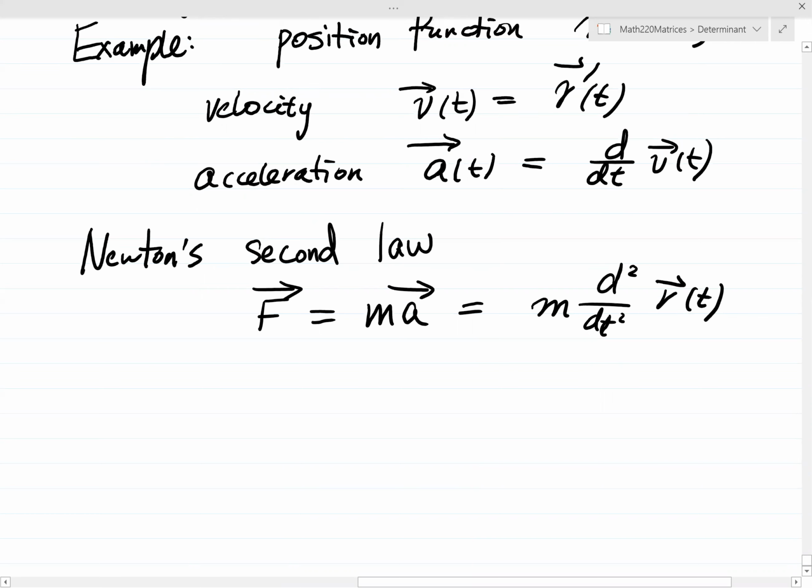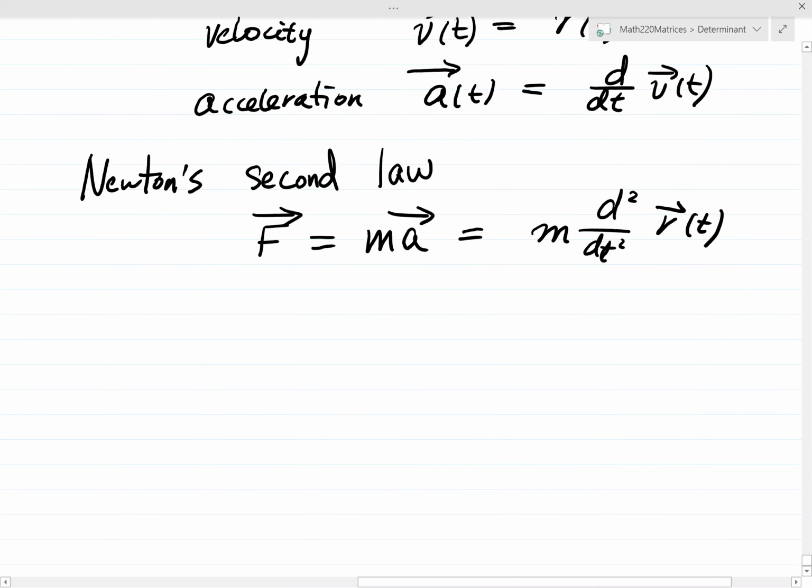People then found that in certain situations Newton's second law is not valid, like in quantum theory. Newton's law describes a lot of things, but in the beginning of the 20th century, people found in some situations that Newton's law does not apply.